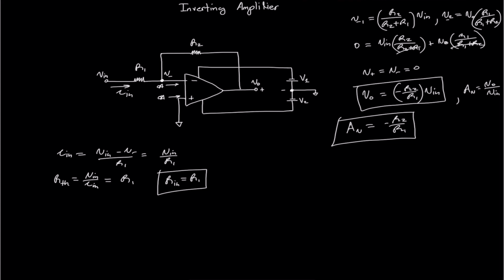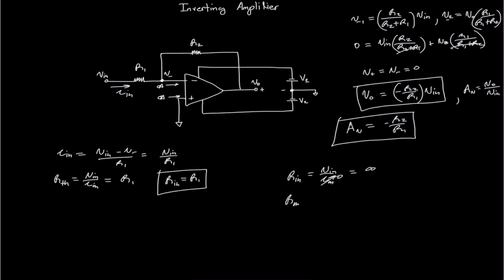We know that in a non-inverting amplifier, as always, the current into V negative and V positive is equal to 0. So if we say that R in for a non-inverting amplifier is equal to V in divided by I in, then I in approaches 0, and this is equal to infinity.